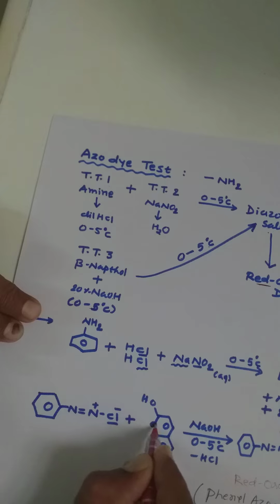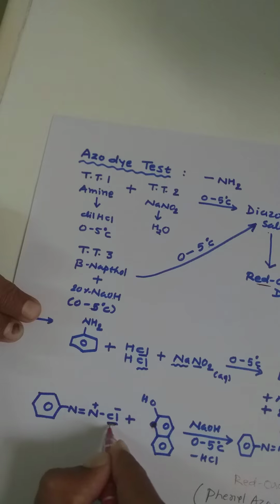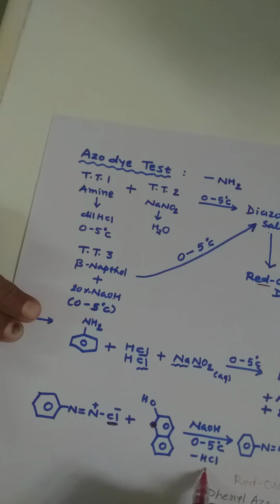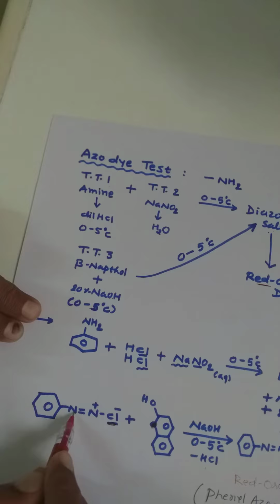So the hydrogen of beta-naphthol and Cl combine with each other, minus HCl removed. So this phenyl ring and this beta-naphthol ring couple with each other by the N double bond N azo group, and we will get such a structure.